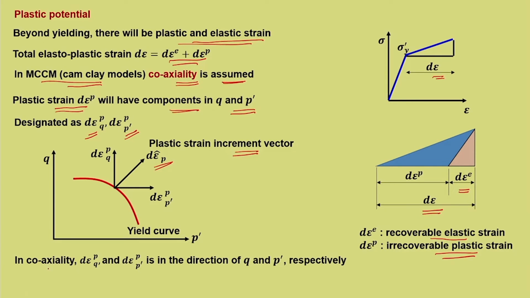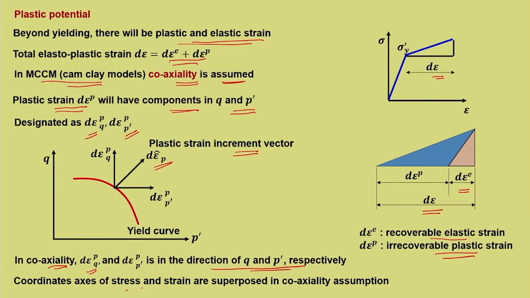Now, in coaxiality, that is the assumption of coaxiality, we assume that d epsilon Q P and d epsilon P dash P are in the direction of Q and P dash respectively. That is the importance of the coaxiality assumption. That means whatever strain happens is in the direction of stress.